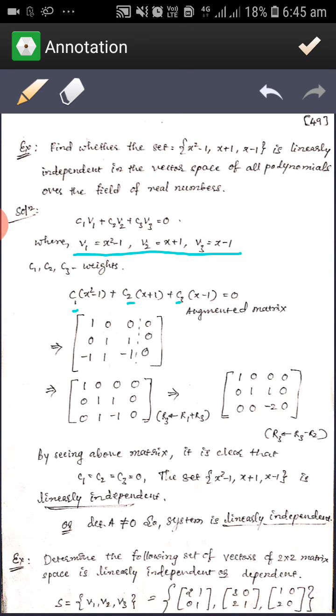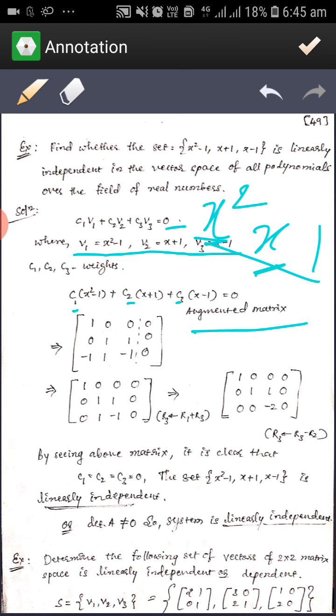If you want to write them in matrix form, it is equal to 0, as b is not there. As I told, there are three terms here: one is x square, one is x, and one is the constant. So take the x square position, the x position, and the constant position.